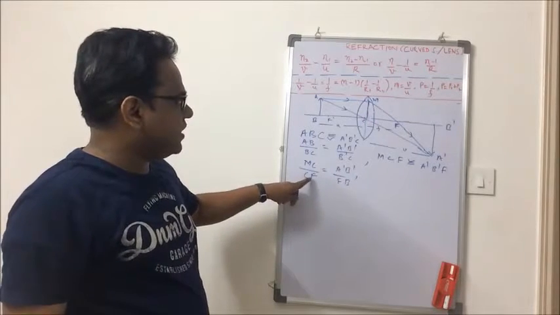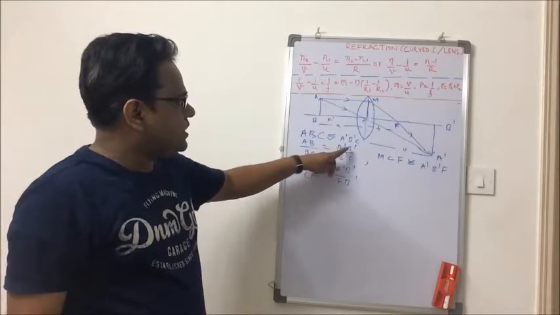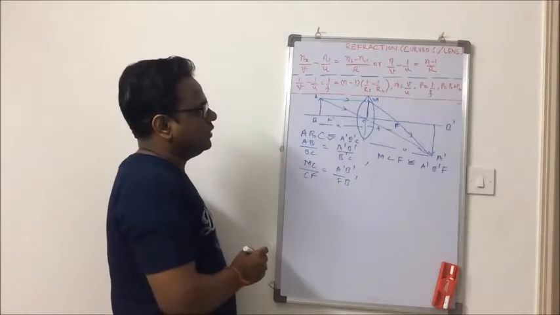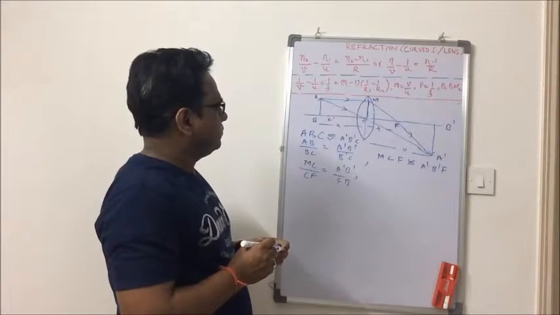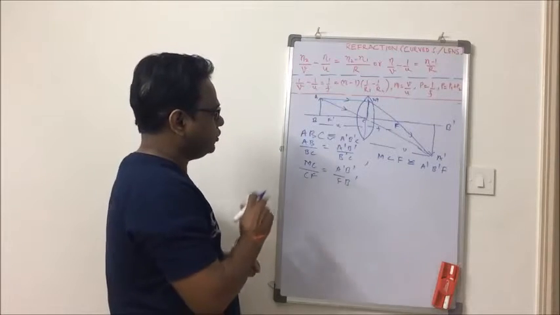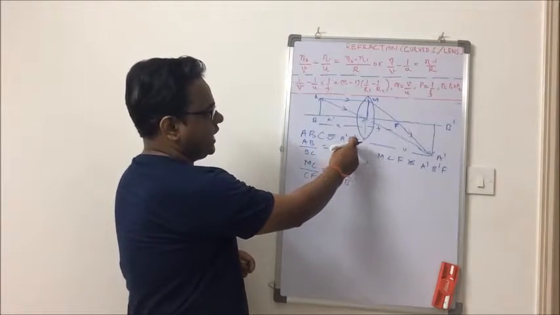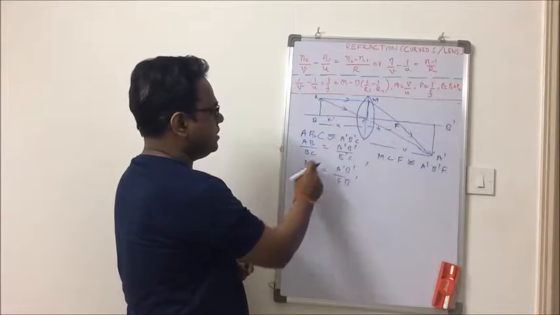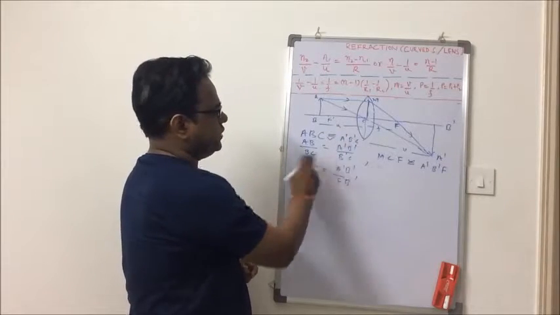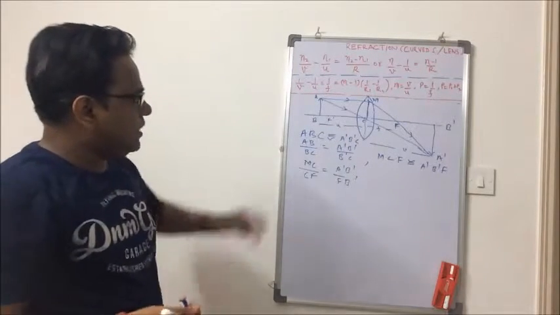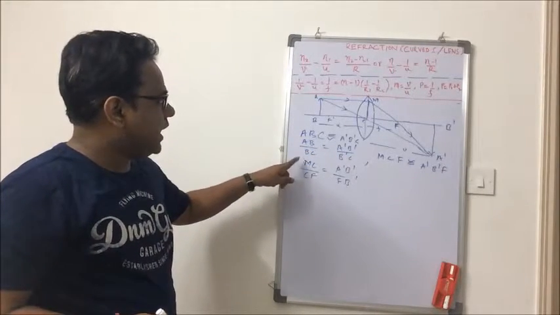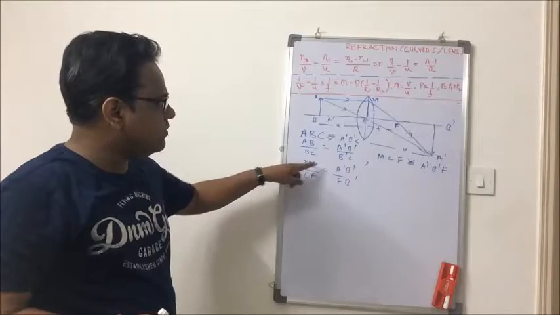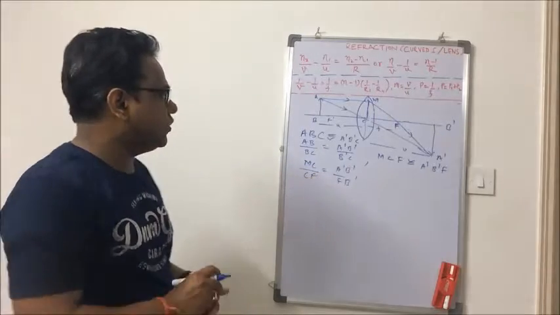So we can take A dash B dash here and BC and CF on the other side. We can say AB divided by A dash B dash from first equation, and AB, which is MC, divided by A dash B dash from the second equation.